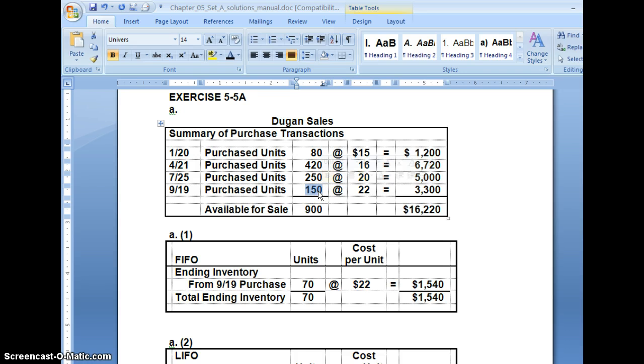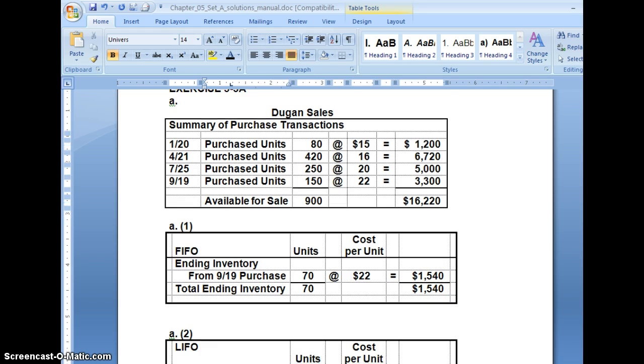Out of the 150 units, we sold 80 at cost of goods sold $22, and we had 70 remaining units because first in, first out. So we go through the first 3 layers, then we take what we need out of the 4th layer, and we're left with inventory from the 4th layer right here, 70 units at $22. So this is our ending inventory, $1,540.